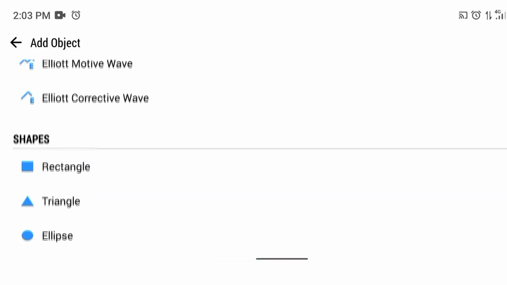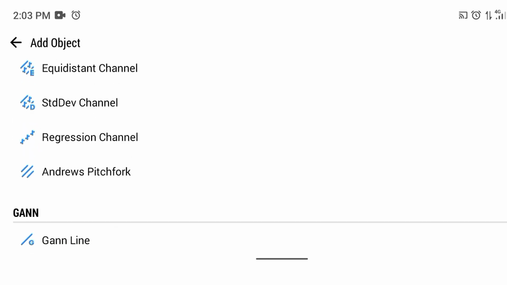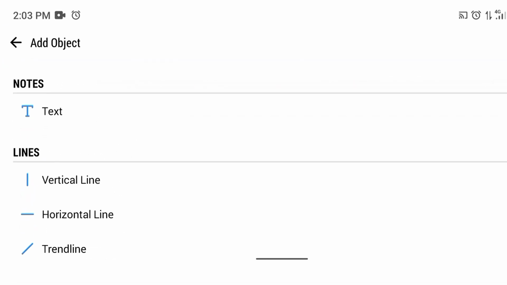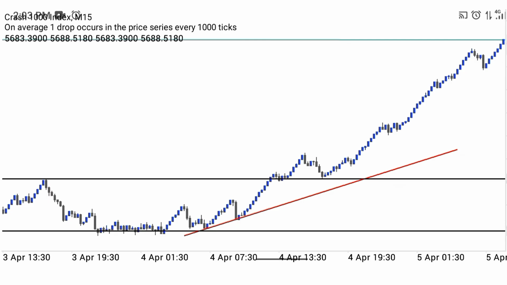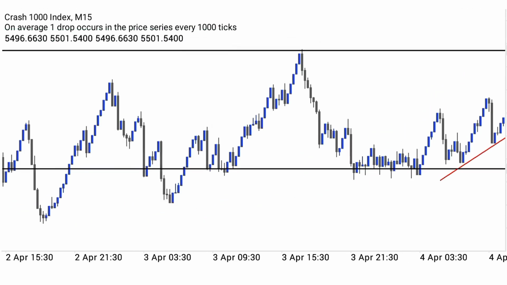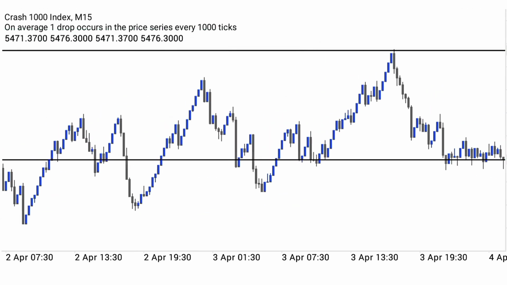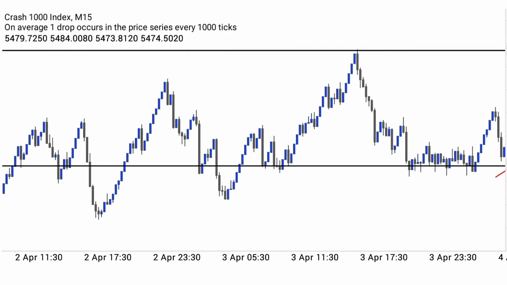The rectangle, the triangle, the ellipse, the Elliott waves, everything we use them to trade price action. Price action is a very great way to trade if you know how to trade it. Some traders don't know how to trade price action. And why do I say they don't know how to trade price action? Because they are not making profit from it.